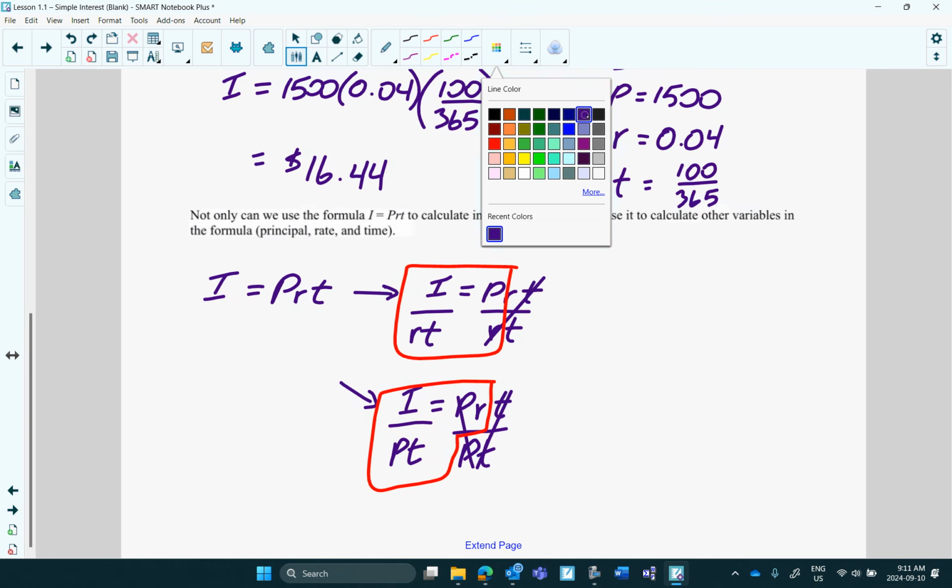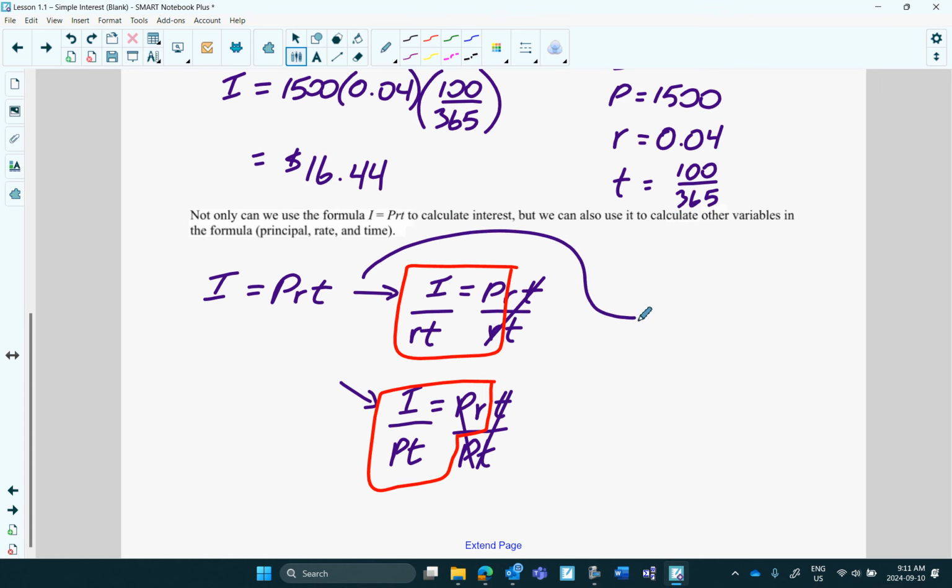One more thing that we could find. What if I want to find the time to invest? Which is something valuable. You know how much interest you want. You want to figure out, okay, how long do I have to invest my money for if I want to make this much? So interest equals PRT.